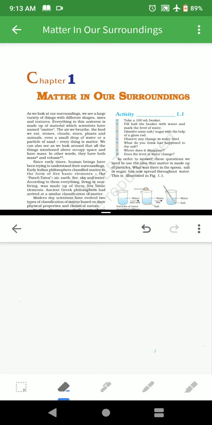So these 5 elements consist of matter. Now matter is made up of small tiny particles.